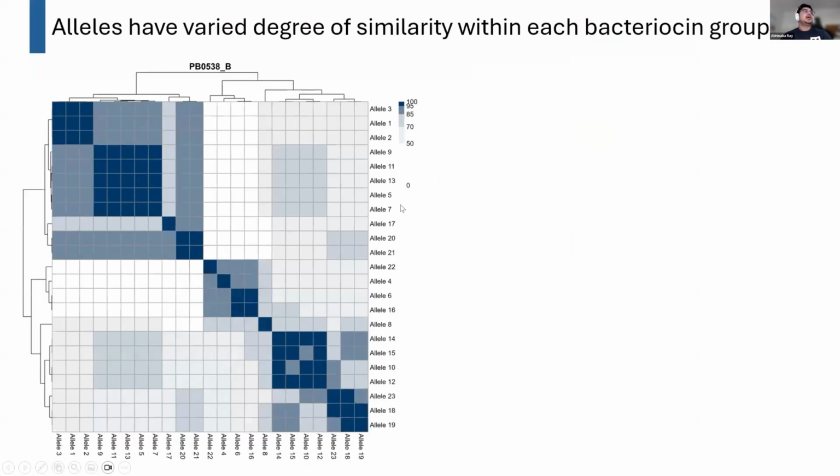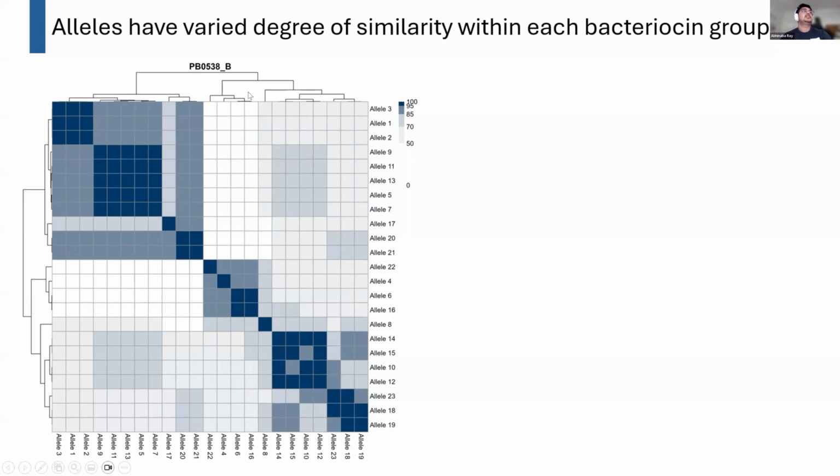So within each bacteriocin group, I tried to look at the diversity of alleles, as in how closely they resemble each other. This is a heat map showing a darker color if they are 95 to 100% similar, which means almost identical, the deepest blue, and less than 50% would be white.